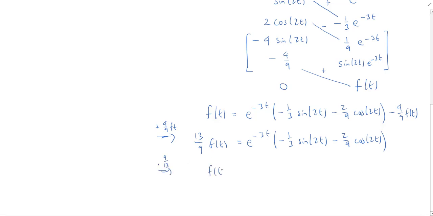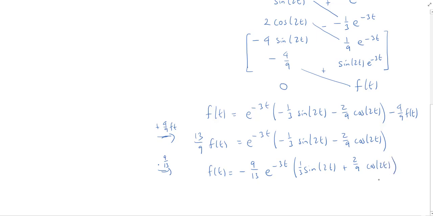So f of t is, and let's pull this minus out, that feels pretty good, 9/13 e to the negative 3t times a third sine of 2t plus 2/9 cosine of 2t.